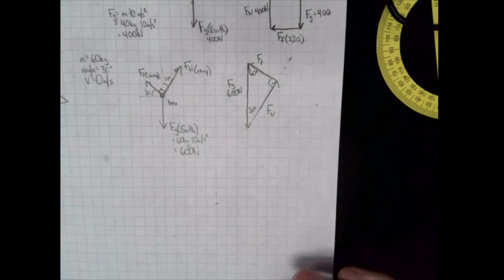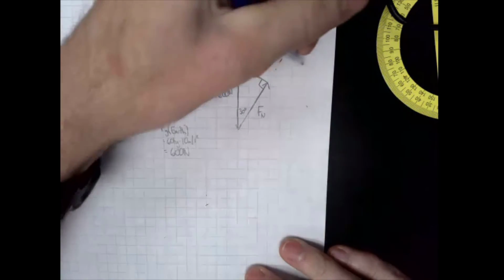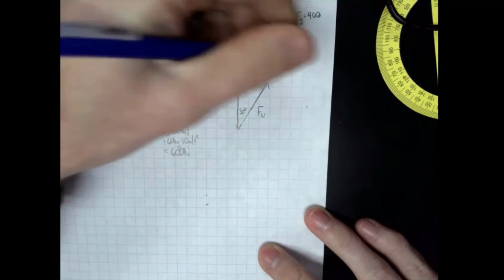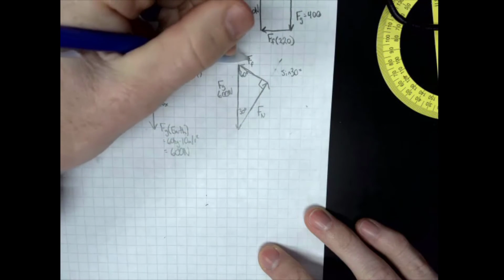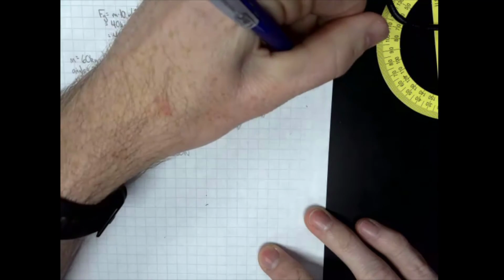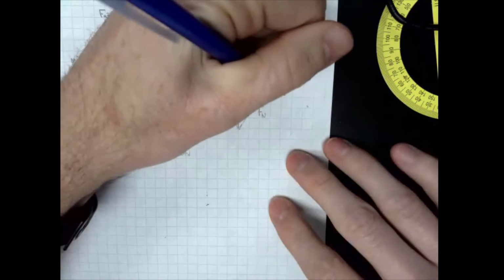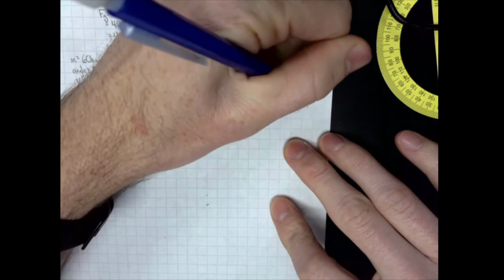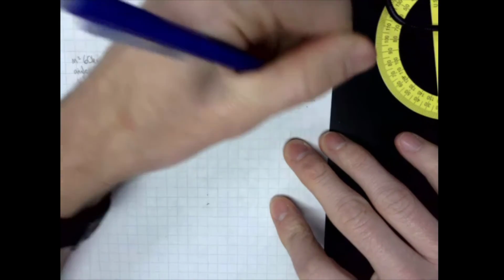Now, because of SOHCAHTOA, trigonometry, we can figure out what these other sides are. So, the sine of 30 equals the opposite side, friction, divided by the force of gravity. Or sine 30 equals friction over 600 newtons.